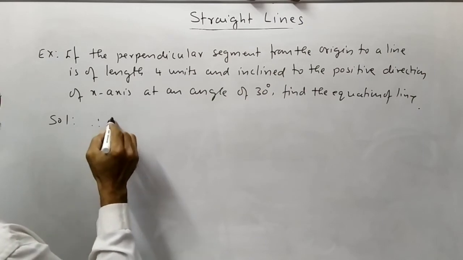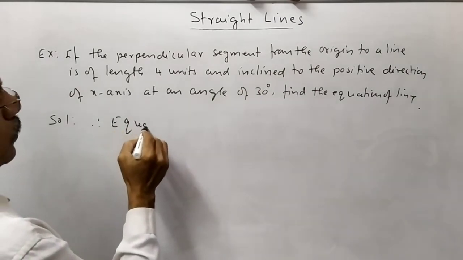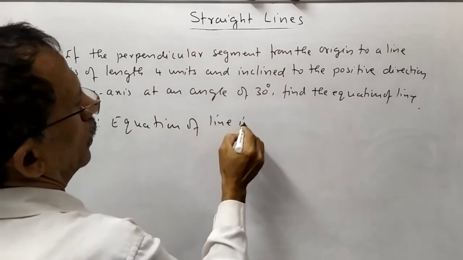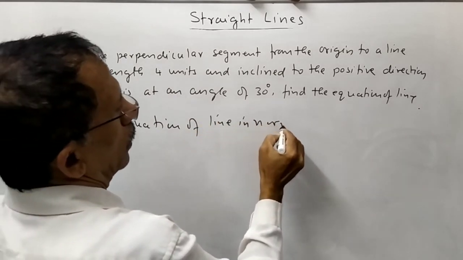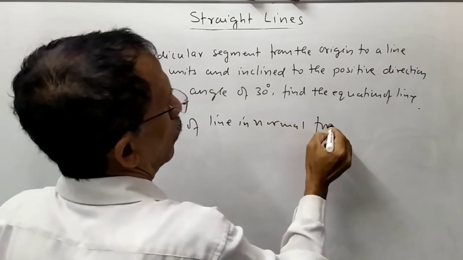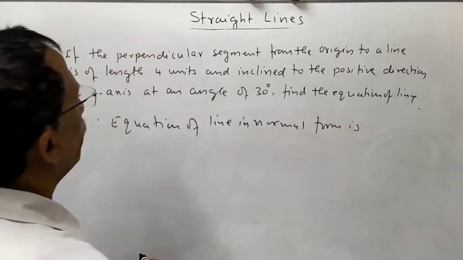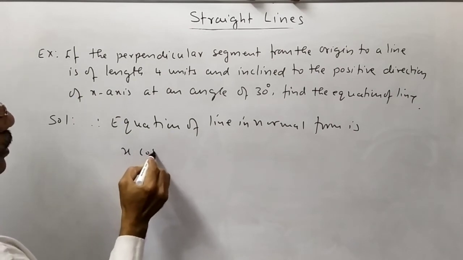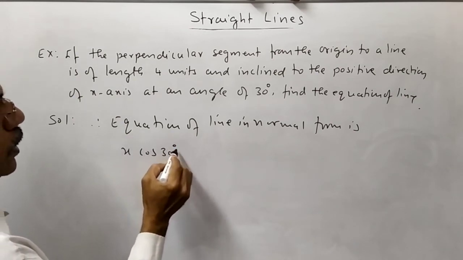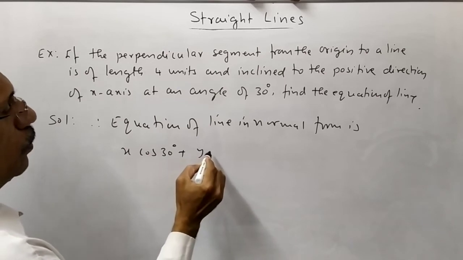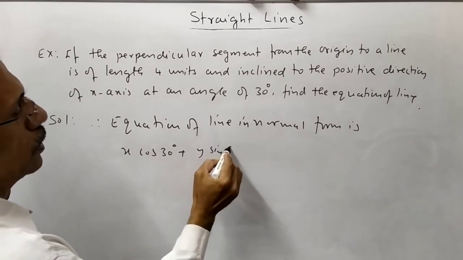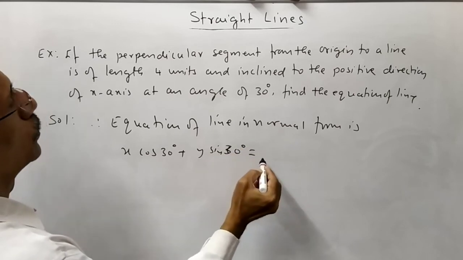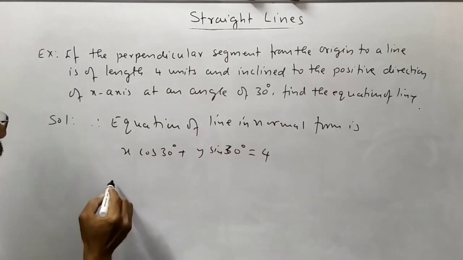Therefore, equation of line in normal form is x cos 30 degrees plus y sin 30 degrees is equal to 4.